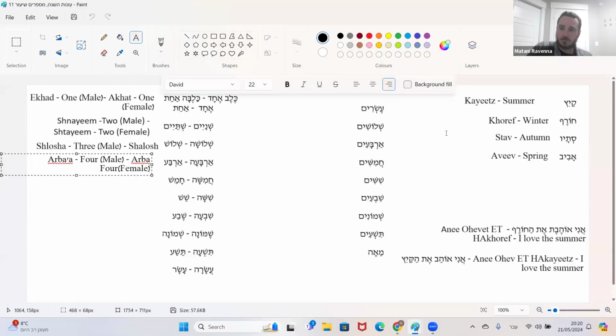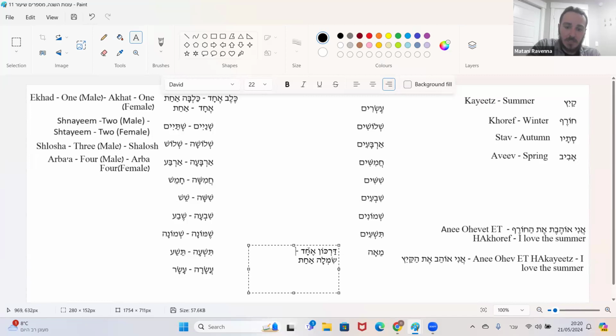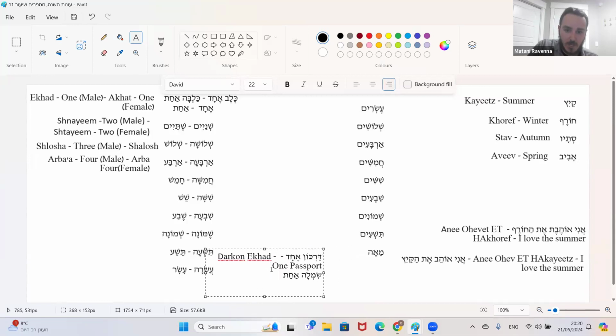Okay, darkon echad, 1 passport. And that's because the word passport in Hebrew is male. In comparison to a dress, simla, that's a female noun.